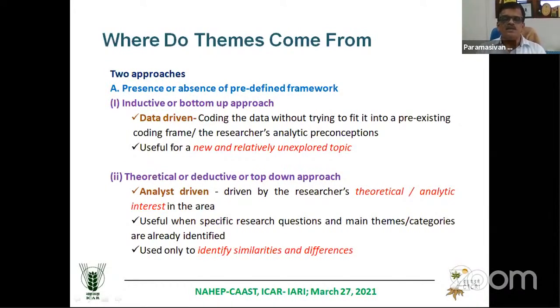In the case of a theoretical and deductive approach, which is analyst-driven, I am giving an example. We have done some research work where we wanted to understand the youth who are coming into youth entrepreneurship, from the perspective of the entrepreneurial ecosystem.